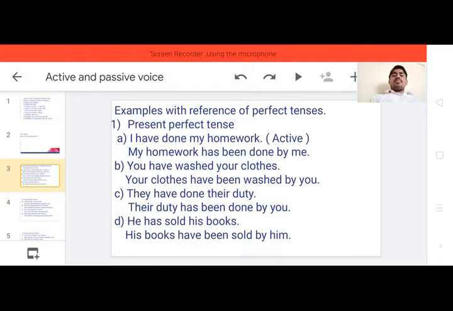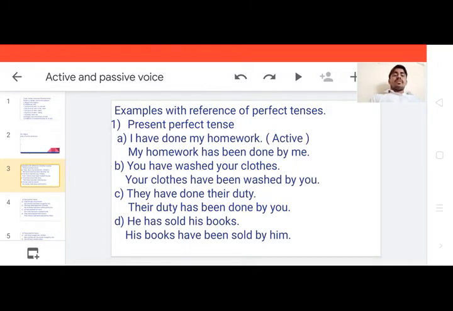My homework is singular. So with singular, what will you put in present perfect tense? Has. You will put has. Now addition of been. You will put been, because if there is the third form of the verb, you will put been. Rule number 3 was always use the third form of the verb. Done is the third form of do. So: my homework has been done.